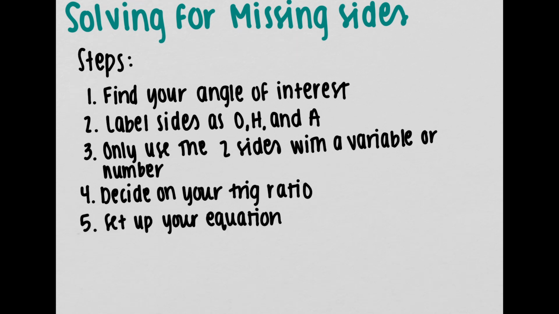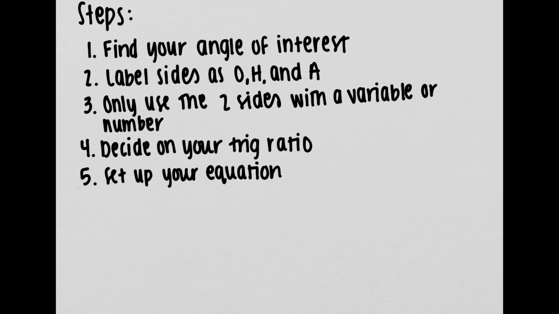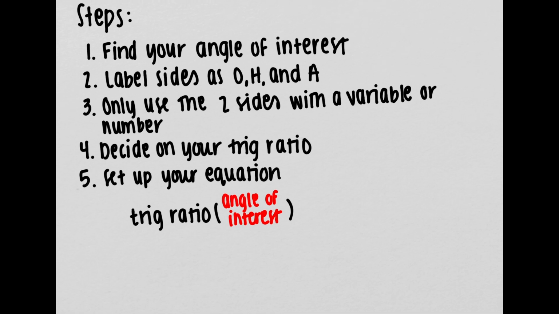And step 5 is to set up your equation. And that looks something like you have the trig ratio, so it's either sine, cosine, or tangent. You're going to have parentheses, and in those parentheses is where you're going to have your angle of interest. So it's going to be a number in this case. And then it's going to be equal to your ratio of sides.